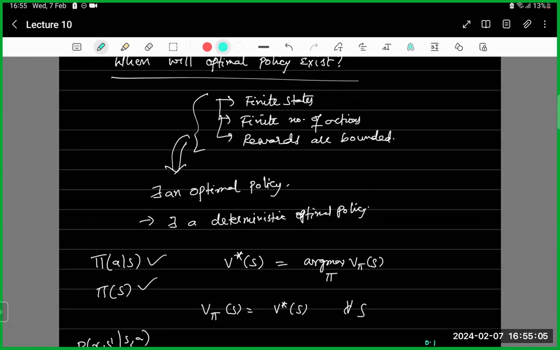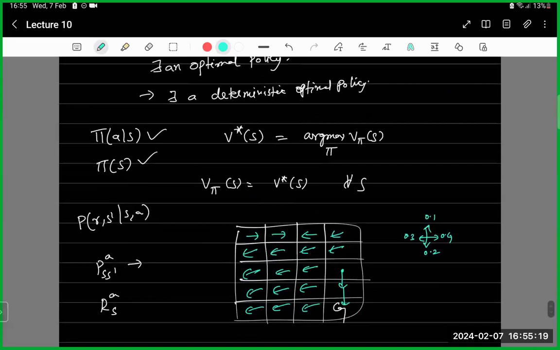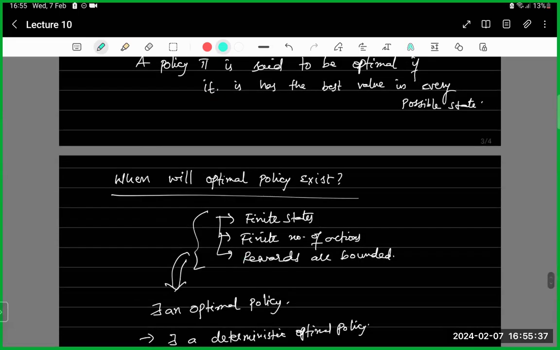You just search over deterministic policies, but you'll still be able to get V star of S. V star of S can be achieved by just searching over deterministic policies. Okay. But this is very clear from this example. In this example, if you just search over deterministic policies and find the optimal policy among them, there exists no other policy. Even if you come up with a stochastic policy, you cannot beat me, right? So that's what that statement means.